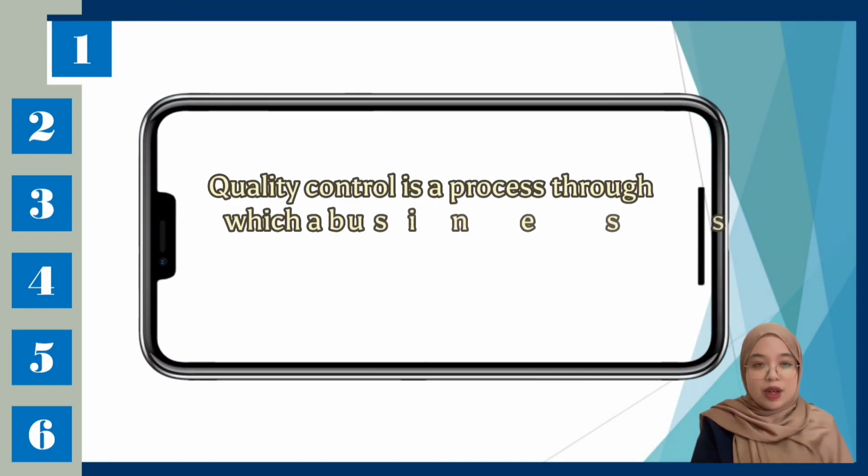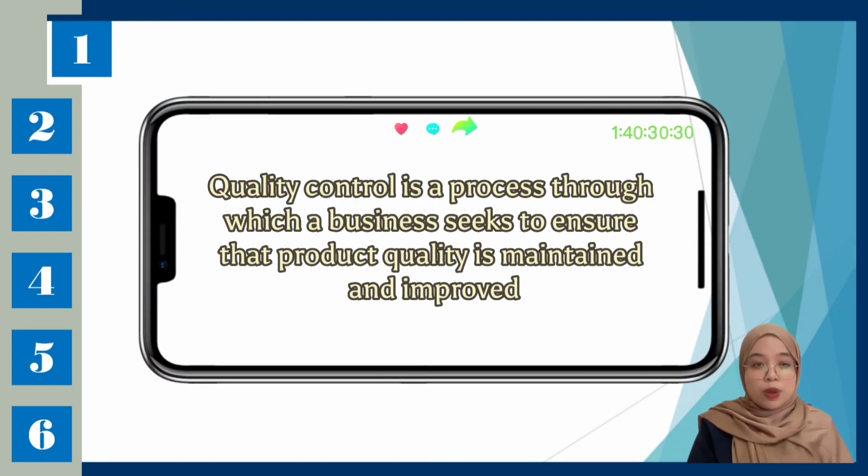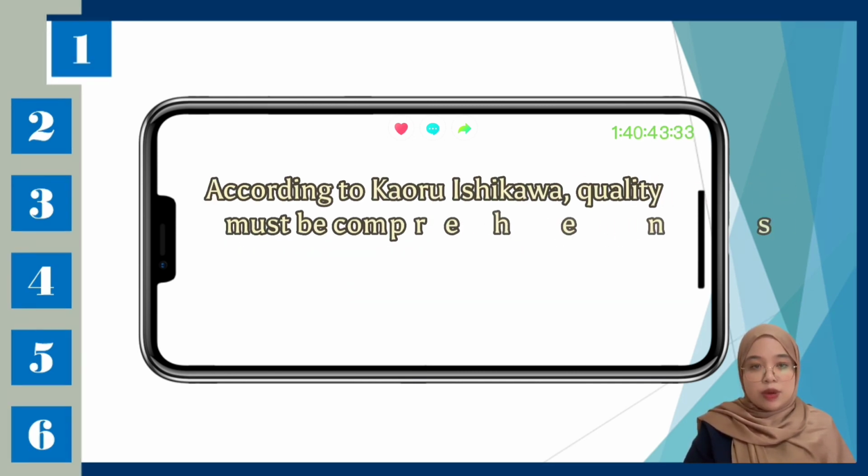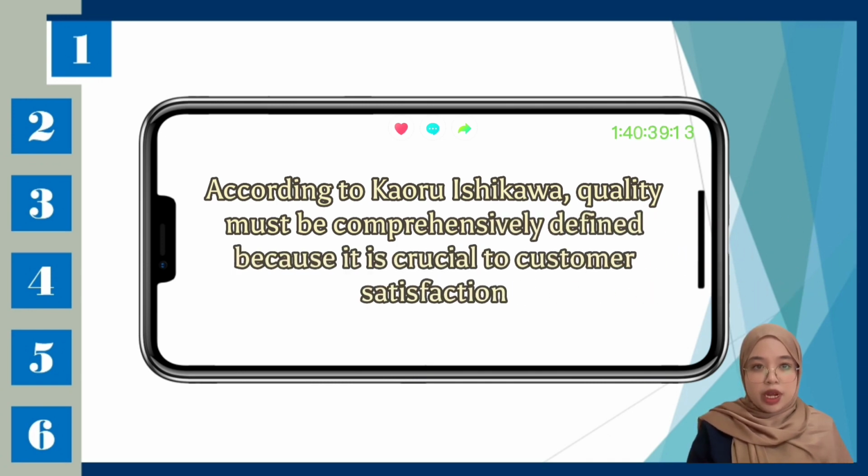As an introduction, quality control is a process through which a business seeks to ensure that product quality is maintained and improved. According to Ishikawa, quality must be comprehensively defined because it is crucial to customer satisfaction.